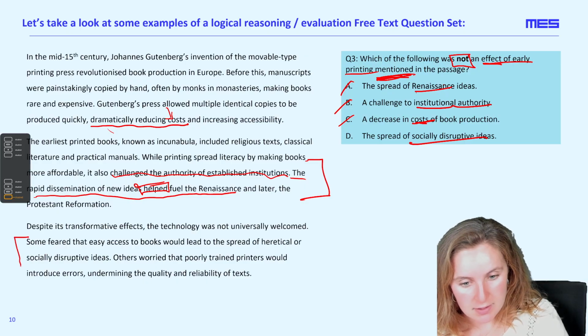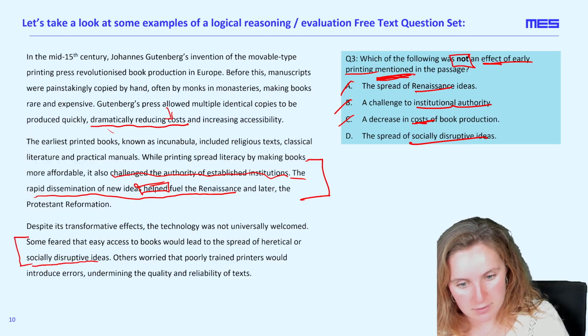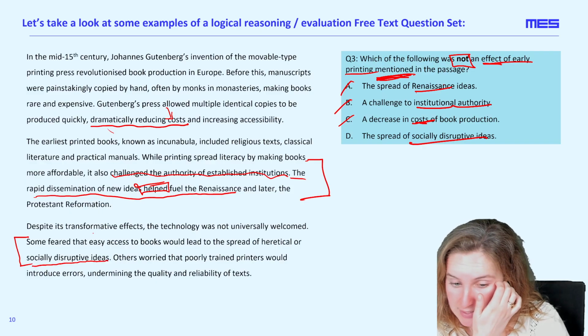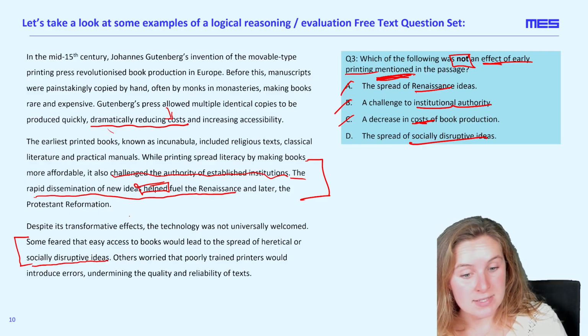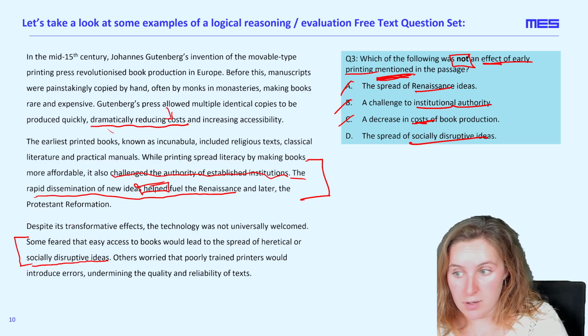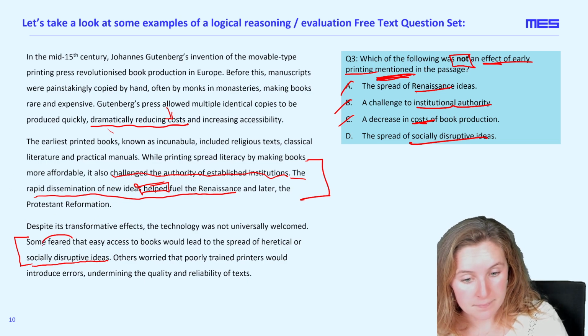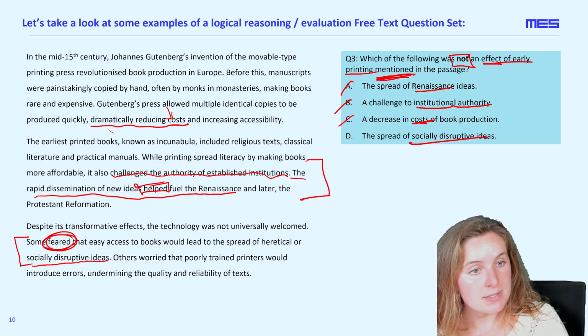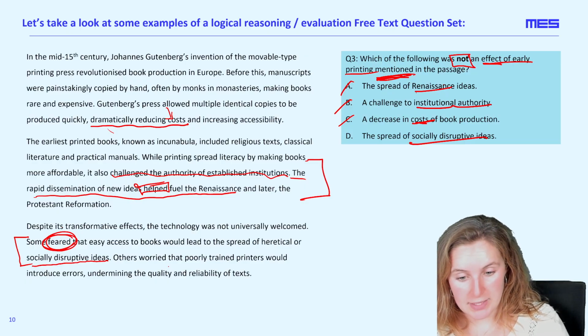Some feared that easy access to books would lead to the spread of heretical or socially disruptive ideas. Now, why is this shown not to be an effect, and why is it our answer? Here, some feared that this would be the case.